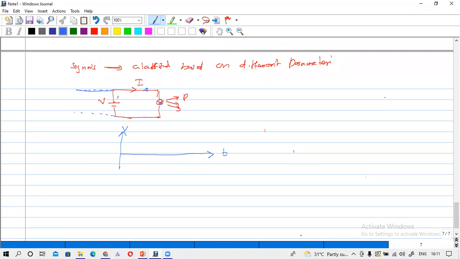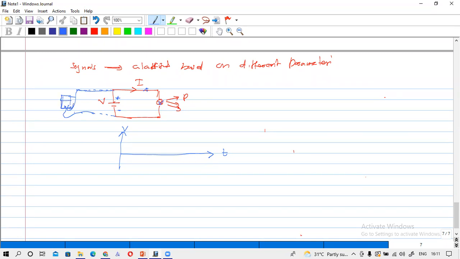This is the battery plus terminal, and this is the minus terminal. I will connect a multimeter from here to the plus end and minus end of the battery. Then I can measure the voltage through this multimeter.